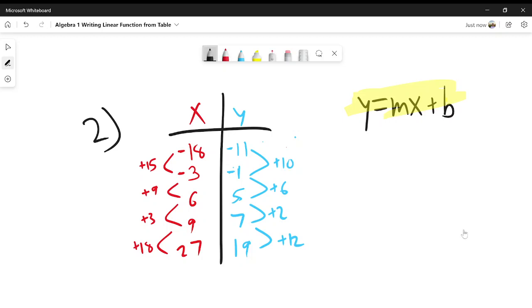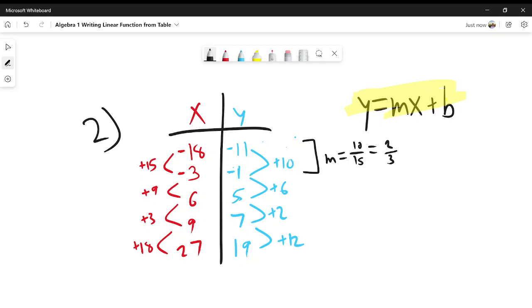And so for these points, the change in y over the change in x is going to be 10 over 15, which is also equal to 2 over 3.